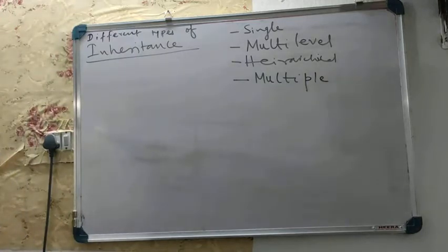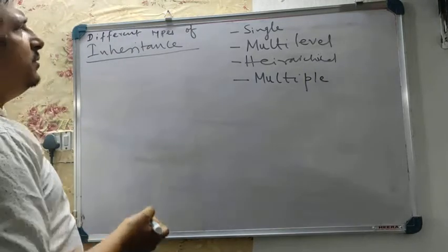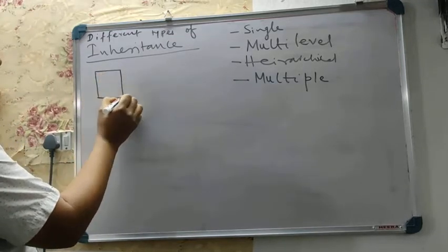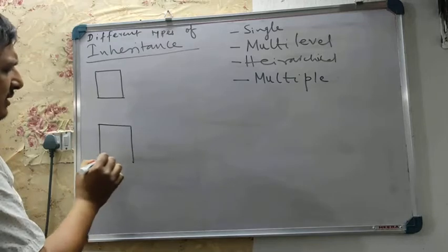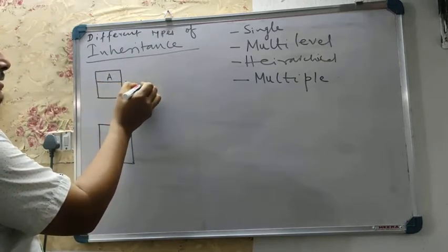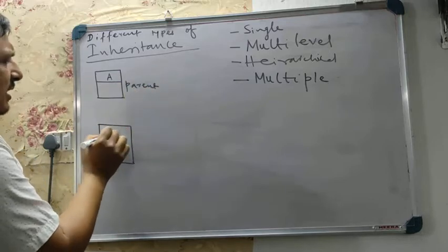Let us try to learn each one. As I said, we have already discussed single inheritance, where A is the parent and B is the child.